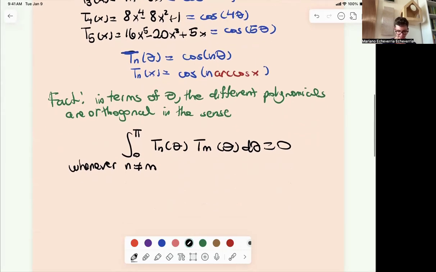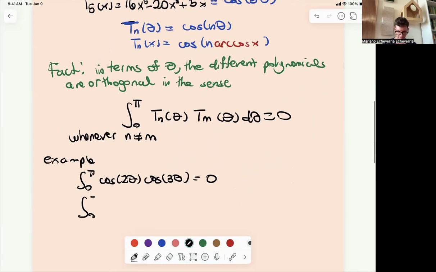So for example, the integral of cosine of 2 theta times cosine of 3 theta is 0, or the integral of cosine of theta times cosine of 4 theta is 0.